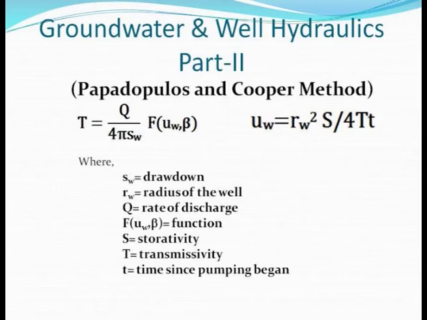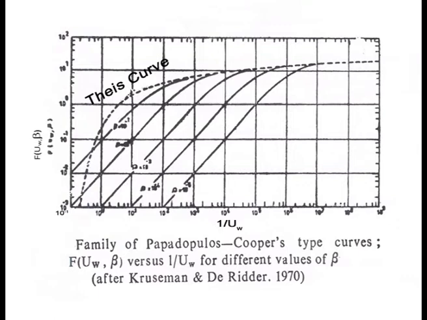You see, in the Theis method we have W(u); here we have F(u_w, beta). So here the Papadopoulos-Cooper standard curve F(u_w, beta) is plotted on the y axis and 1 upon u_w is plotted on the x axis, and on log paper they have prepared a standard curve. We should also plot our drawdown data versus time on log paper, and we will get the experimental curve.